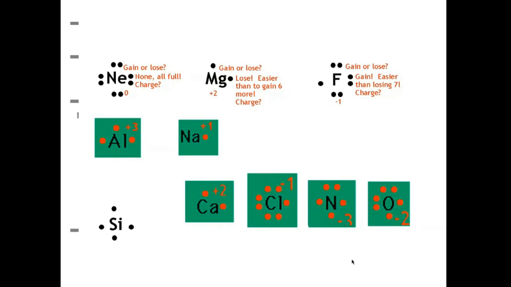It's as easy to gain 4 as it is to lose 4. So silicon is one of those. It can do either. It can have a +4 charge. It also can have a -4 charge depending on circumstances. So silicon is kind of a double whammy. It's right in the middle of the system.